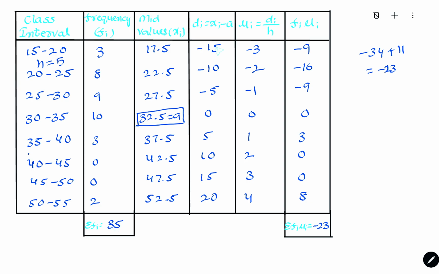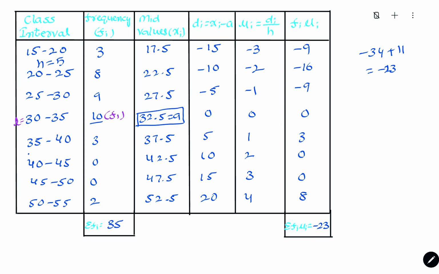Now in this question we need to find mode and mean. First we will find mode. For this we have to observe the highest frequency. Here the highest frequency is 10. So modal class is 30 to 35. Here L is equal to 30, the lower limit. And here f1 is the highest frequency.